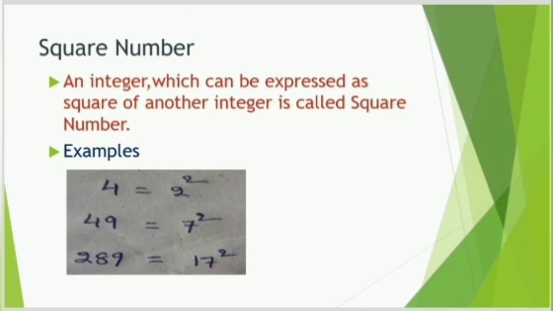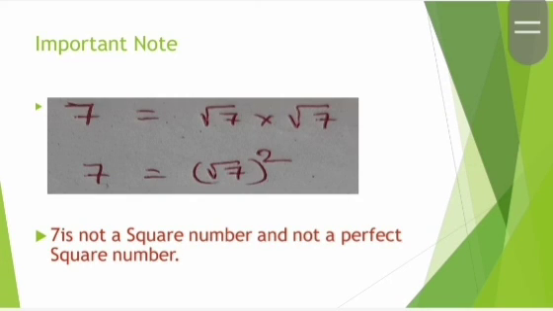And one more important note here, 7. I can express 7 as a square of another number. See the slide children. 7 is root 7 into root 7 equal to root 7 whole square. But 7 is neither a square number nor perfect square.